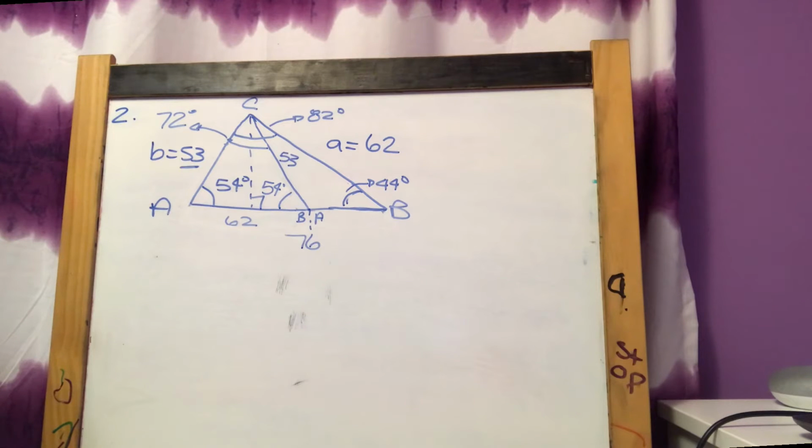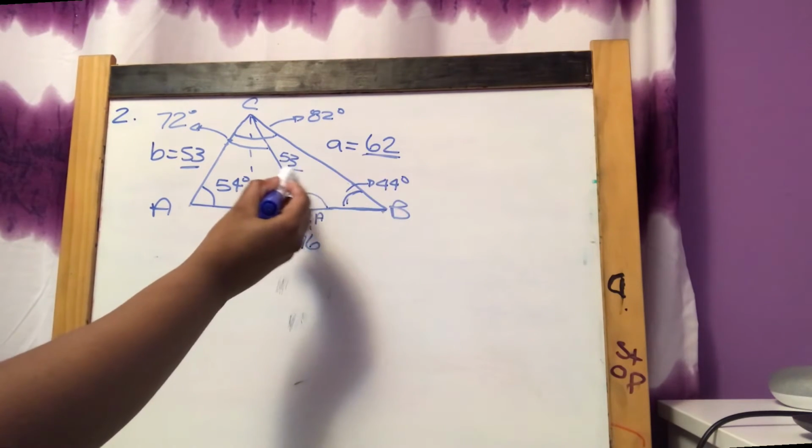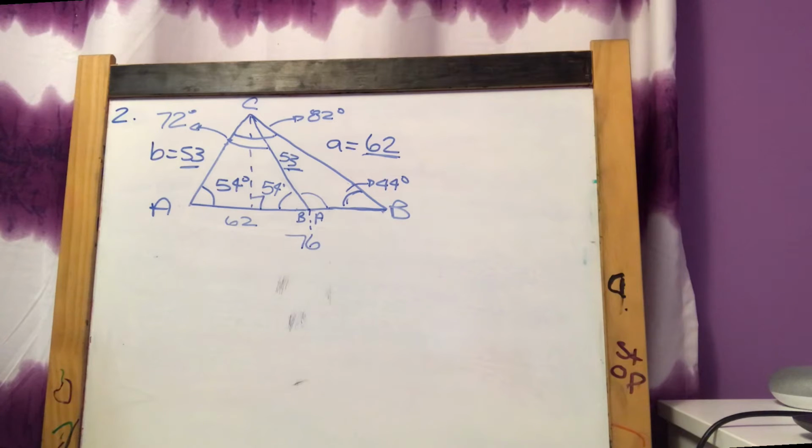Okay, so after this, I realized that I was going to have the same exact measurements as for the whole entire triangle, where the angle was 44 and the C angle was 82.